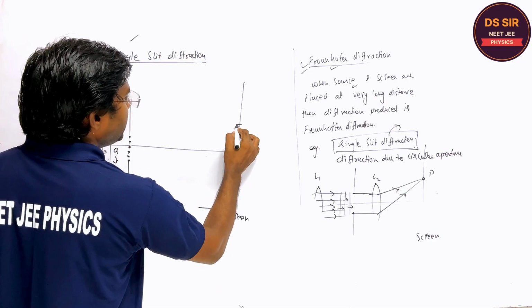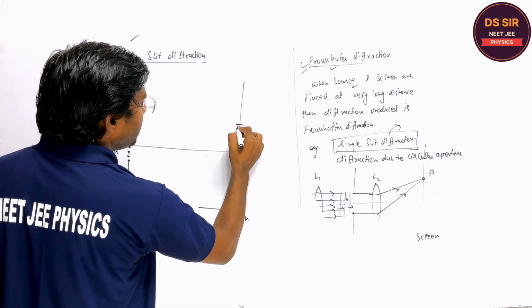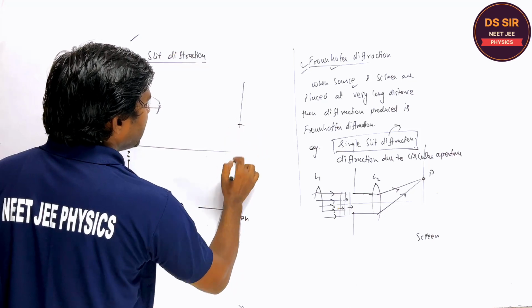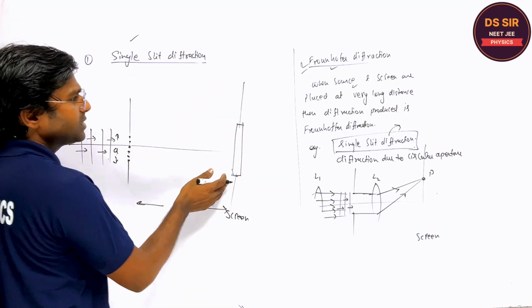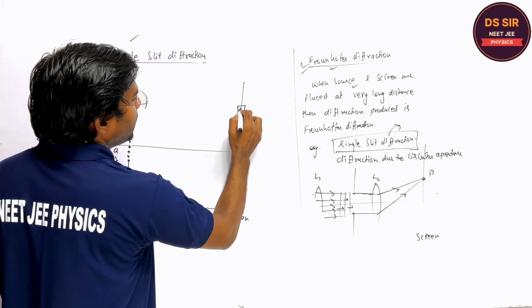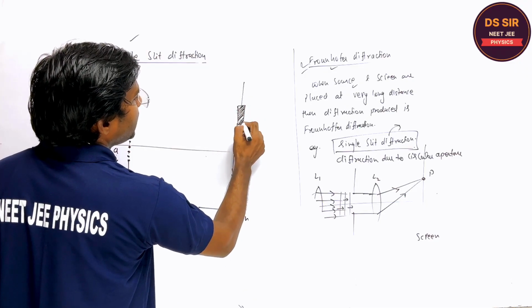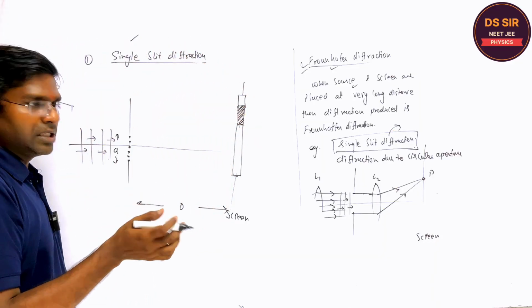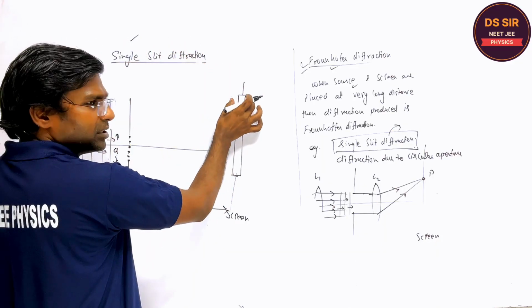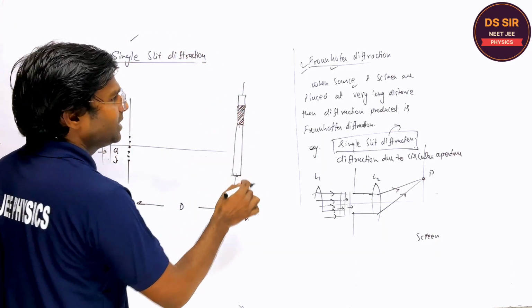In the center, you will get very high intensity, and this is called the maximum. And either side of this, you will get the minima, right? And then the maxima. But the second maxima, this is the secondary maxima, is of less intensity.